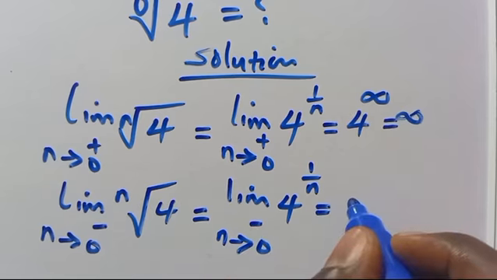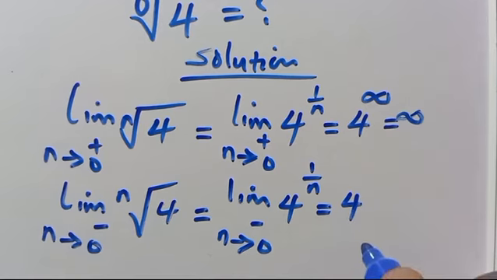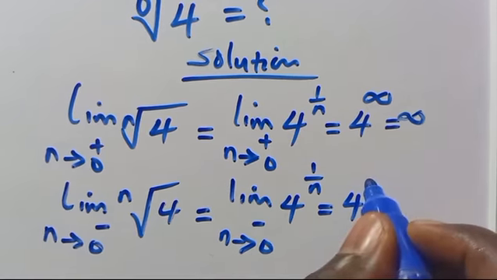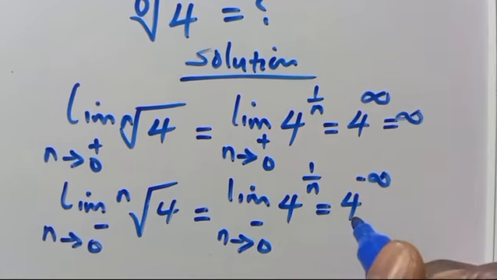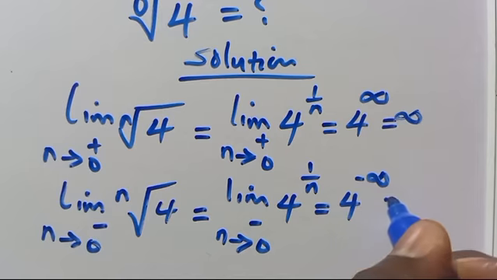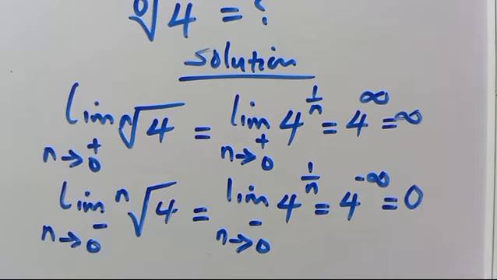This will equal 4 to the power of minus infinity. And 4 to the power of minus infinity will give us 0.